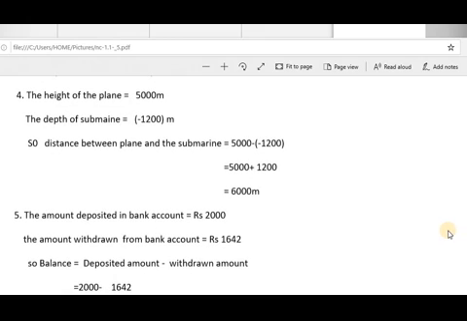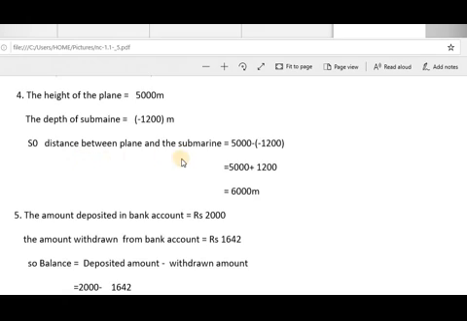In question number 4, it is given that the height of a plane equals 5000 meters above the ground and the depth of a submarine equals minus 1200 meters. We have to find the distance between them. The height of the plane from the ground will be 5000 meters, positive because it is above the ground, and the depth of the submarine will be a negative integer because it is below ground level.